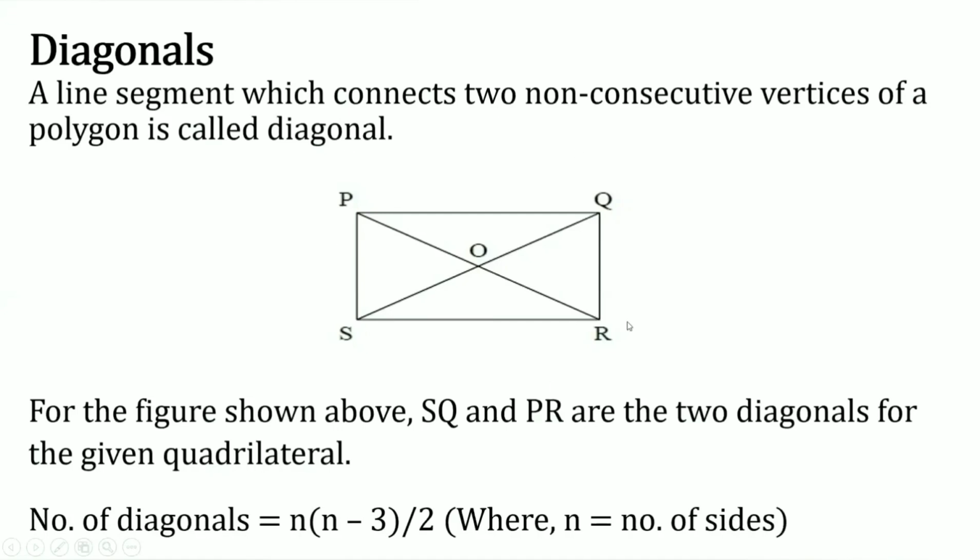So for this diagram, the number of sides a rectangle has is 4, so n is equal to 4. Here it will be 4(4 minus 3) divided by 2. So 4 minus 3 is 1 and here it is 4. So 4 divided by 2 is equal to 2. So a rectangle, or any quadrilateral which has 4 sides, can have 2 diagonals.